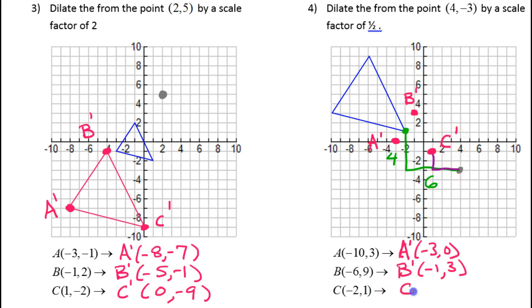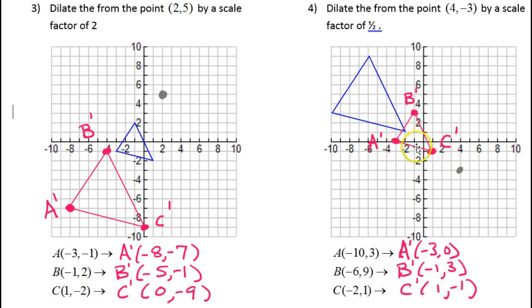It looks like C prime is at a location of 1, -1. Now I'm just going to erase the guidelines and draw the image. And there it is, A prime, B prime, C prime.